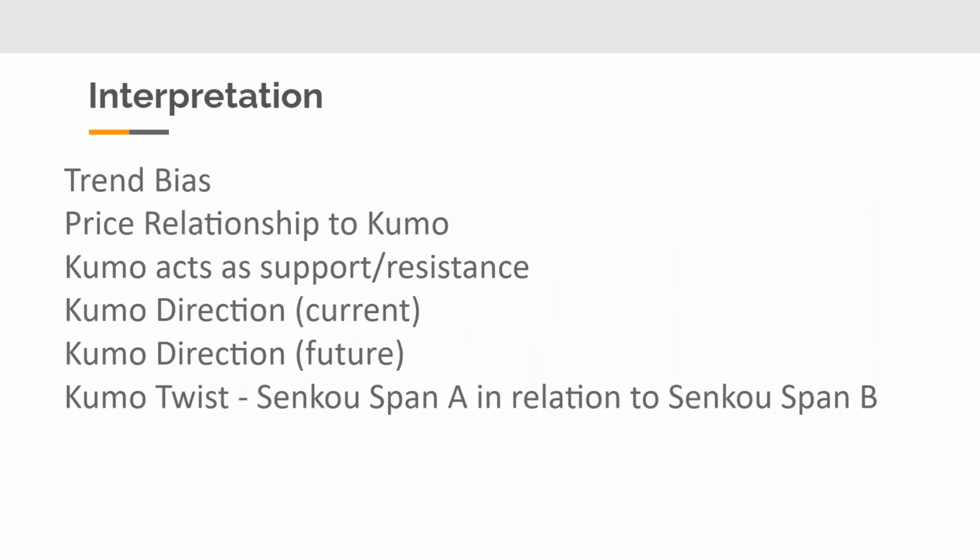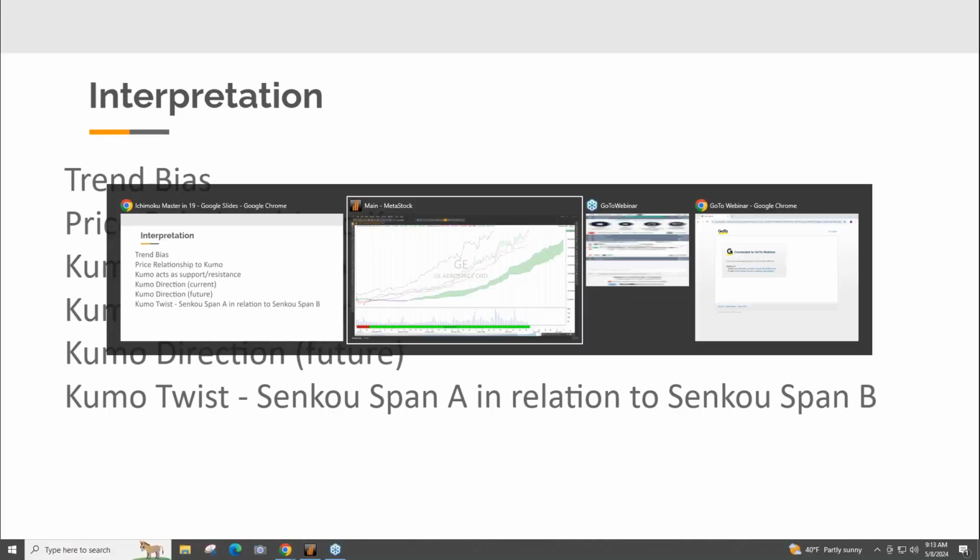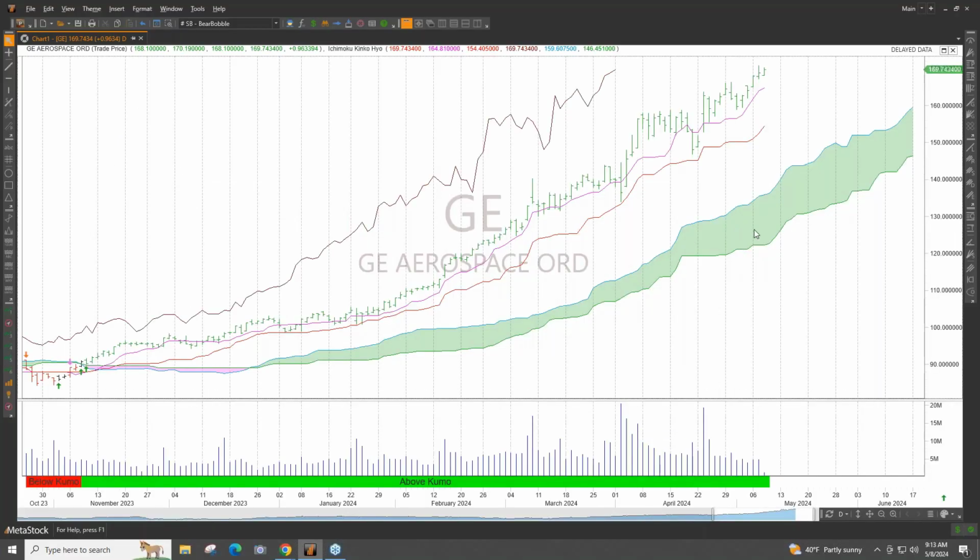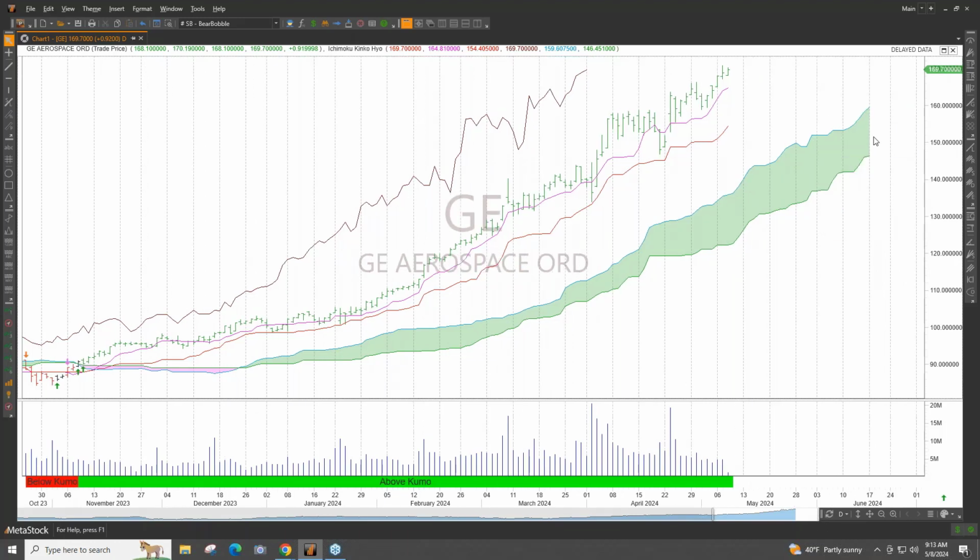But in addition to that, we also can use the relationship with the price and Kumo to identify what we expect to happen in the future, where we expect prices to rise, and that kind of stuff. So if I'm looking at the direction of the Kumo right now, and currently it's going up, okay, we would expect price to be following the direction of this Kumo, okay? If this started to drop down, we'd anticipate maybe a reversal in price in the future when that Kumo comes down, okay?